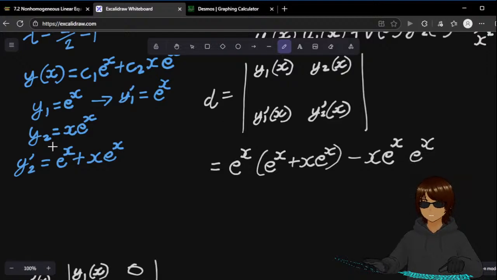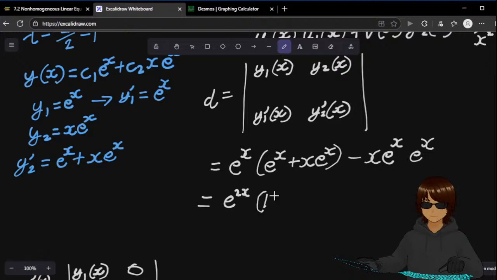This times this. Y2 times derivative. Now this is equal to, let's simplify, getting e to x out.